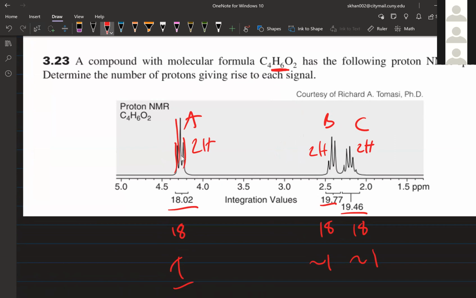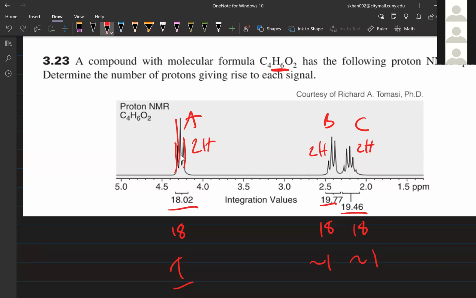And we've got the integration, we've got chemical equivalence, we've got the location, and then the last. This is why NMR is so powerful, because the coupling determines the number of peaks in each signal, and it tells you what group these protons are next to, or how many neighboring protons it has.